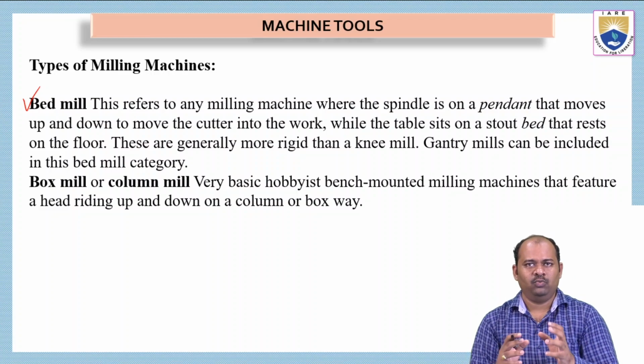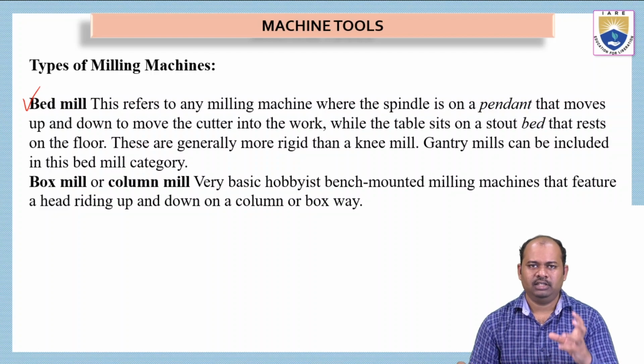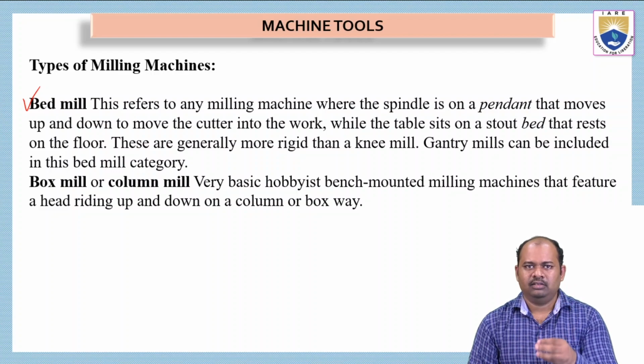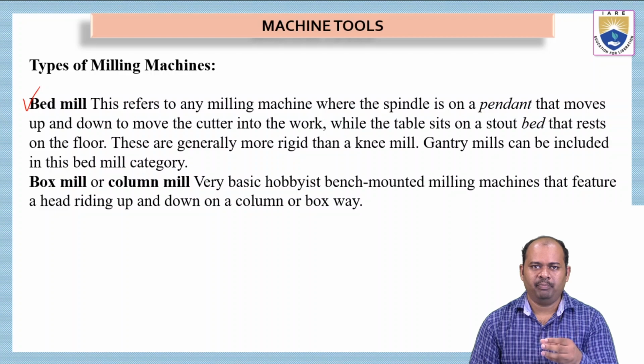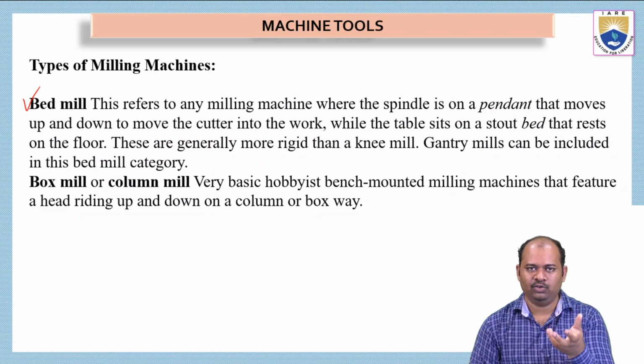So a bed mill is nothing but a machine where the spindle can be moved up and down. This kind of arrangement is mostly seen in drilling machines, where we can move the spindle up or down so that we can do the whole drilling operation on the workpiece.